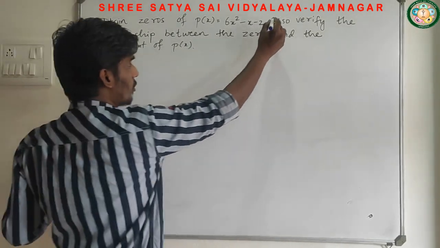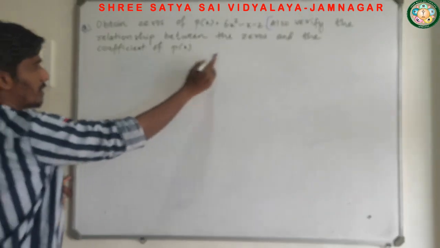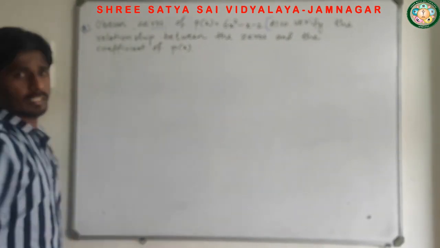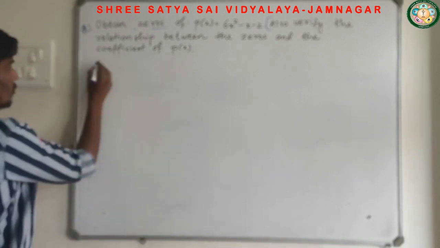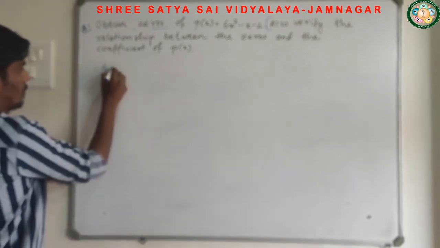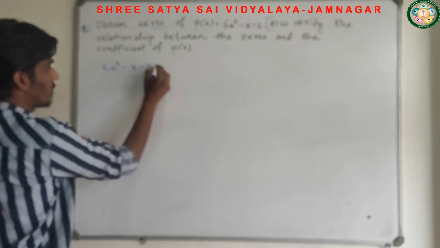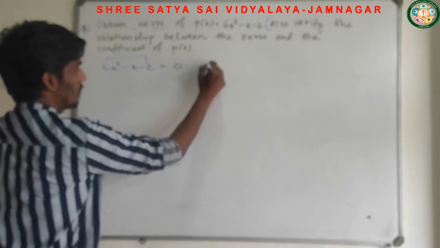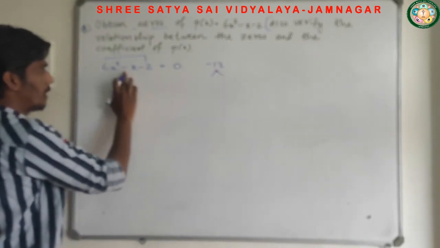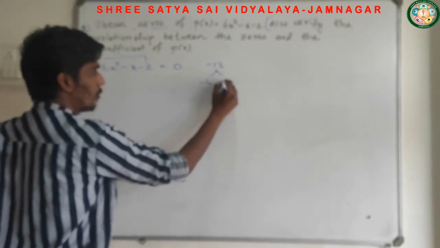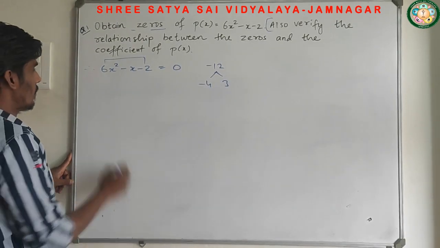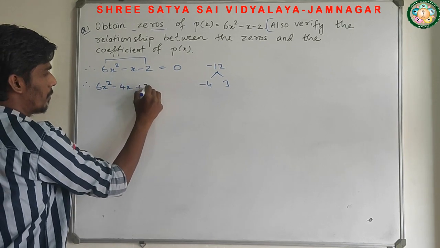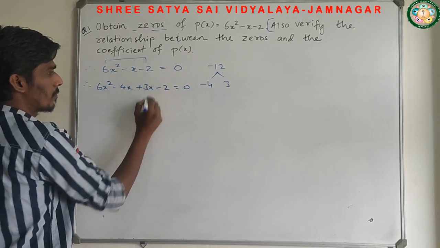Obtain the zeros and also verify the relationship between zeros and coefficients of p of x. So first of all, I have to find out what? The zeros by the normal method. So first of all, 6x square minus x minus 2 equals 0. 6 2s are, it's minus 12. Split this 12 to get minus 1. So it's minus 4 plus 3. Therefore, 6x square minus 4x plus 3x minus 2 equals 0.